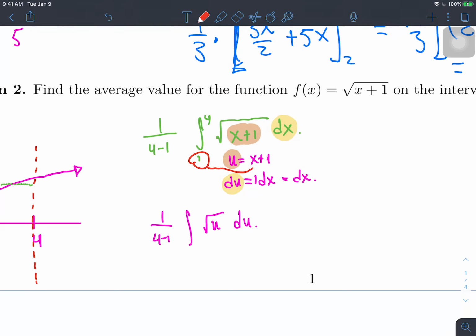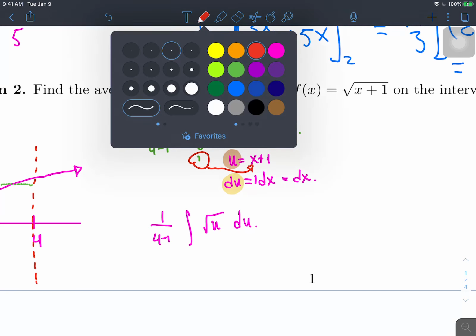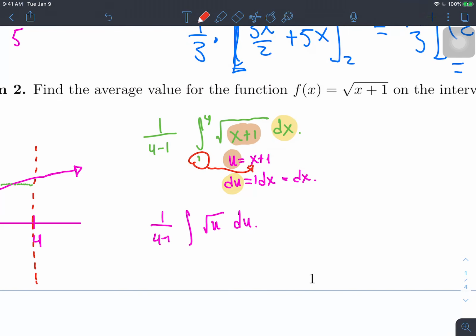I'm going to plug it in for x in the function which relates u and x to figure out what it should be as a u value. So if 1 is x, then u equals x plus 1 tells me that u should be 1 plus 1. So this value here should be 2. And then the 4 should become 4 plus 1, which is 5.